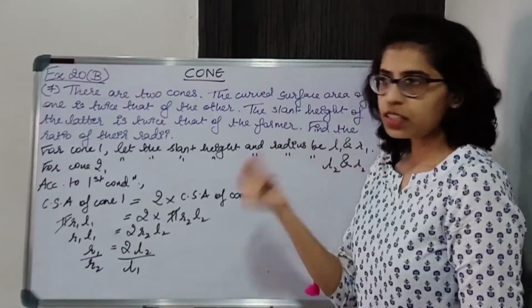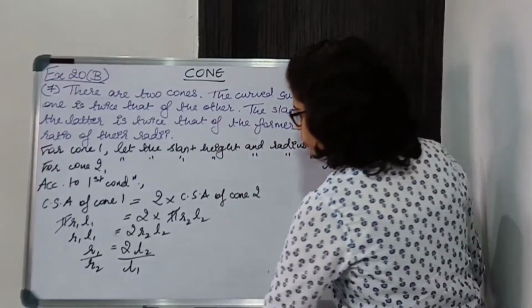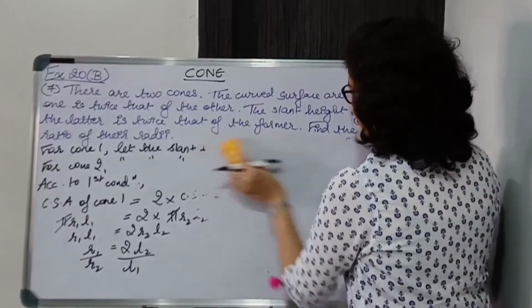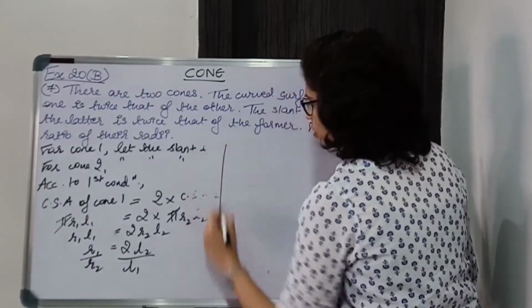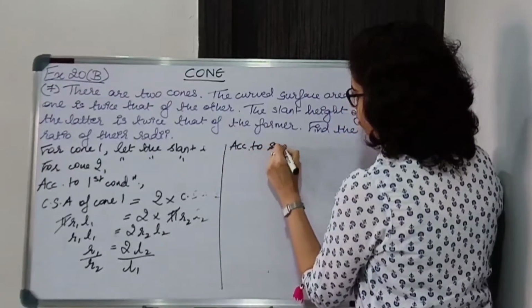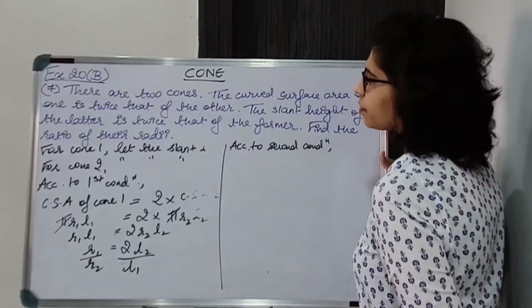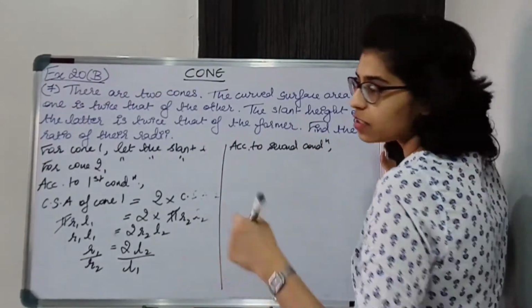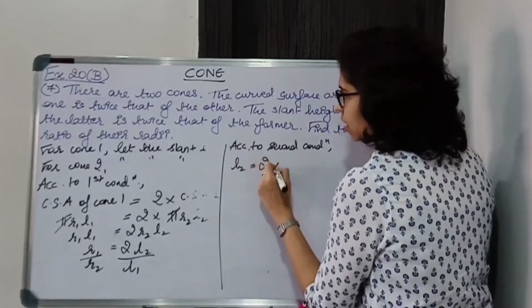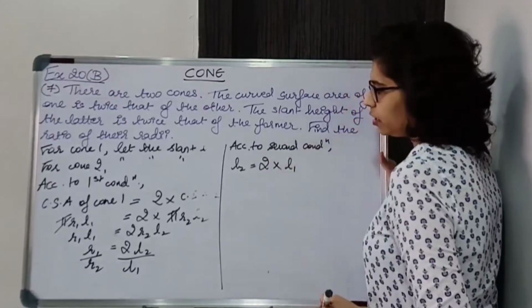Now what is the other condition given to us? The slant height of the latter. So according to second condition, the slant height of the latter, that is of cone 2, L2, is twice that of the former, that is the first cone, that is L1.